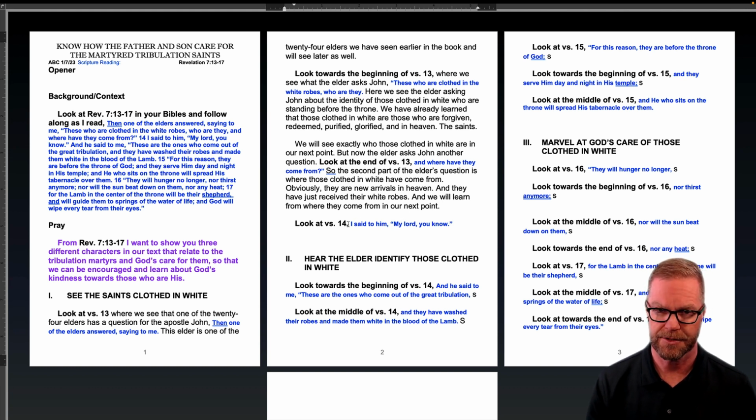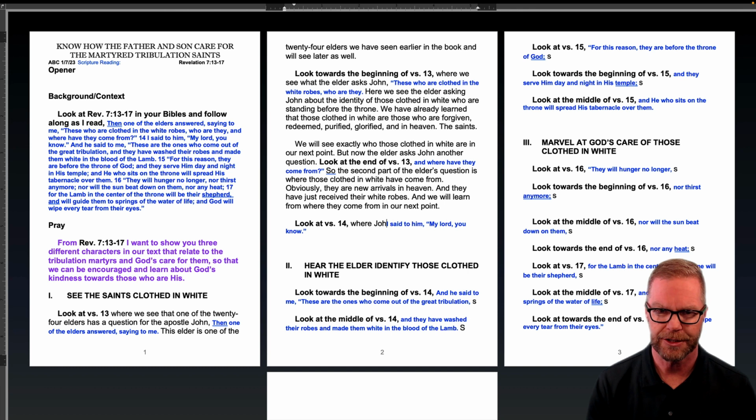But look at verse 14, where John admits, I said to him, my Lord, you know.